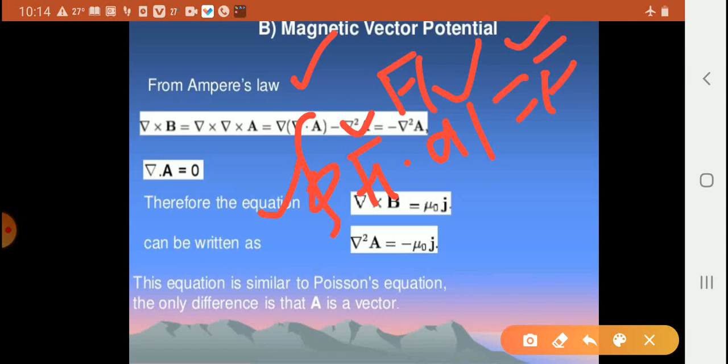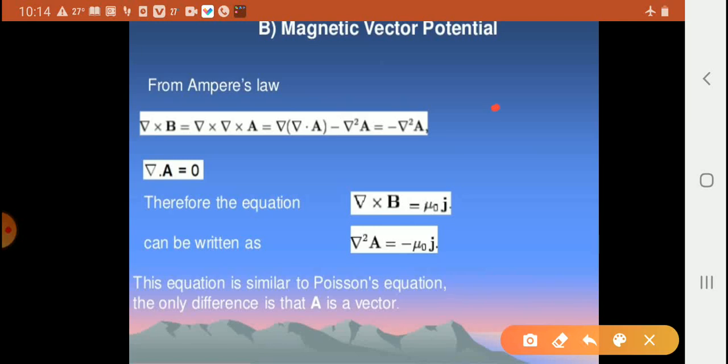So this is generally the closed path, and this is the conductor carrying current I. B is the magnetic field, and R is the radius.